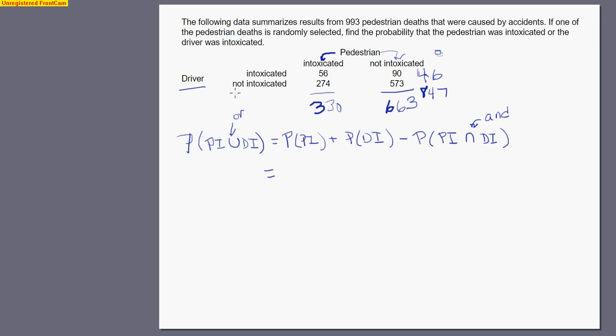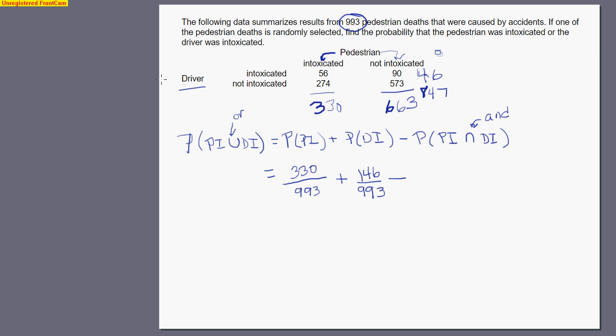All right, the probability that the pedestrian is intoxicated, we have a possible 330 people out of how many people we can choose from? That goes back up to the total here, 993 accidents where pedestrians were killed, plus, where are our intoxicated drivers? They're right here, the 146 out of the 993. Then we subtract off those people that were counted twice, and that's the important thing not to forget.